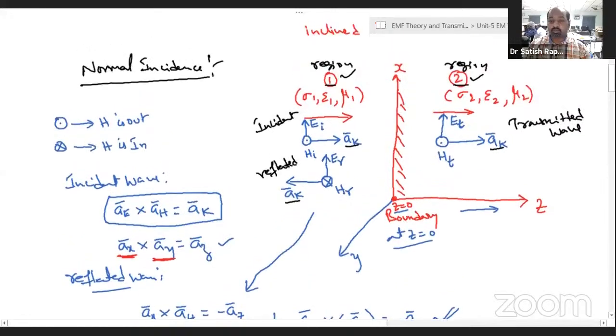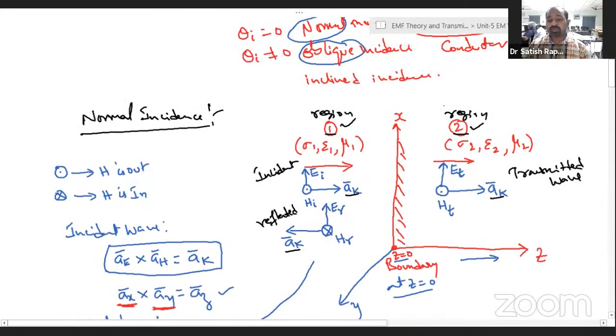In normal incidence, I have defined incident waves, reflected waves, and transmitted waves. So when an EM wave is incident on a boundary, generally what happens? Part of the wave transmits and part of the wave reflects back.